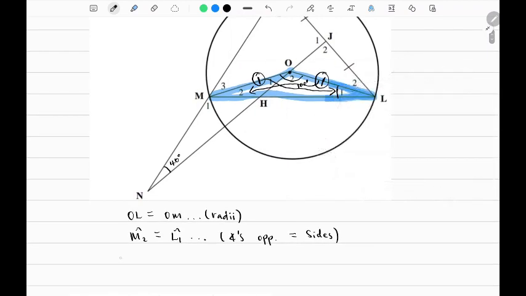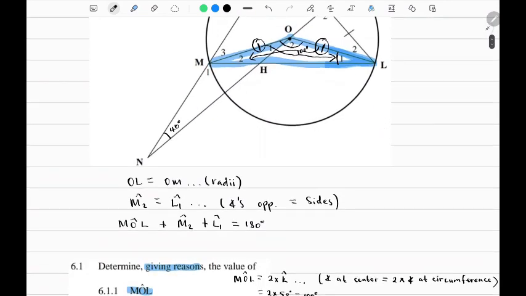We can say angle MOL plus angle M2 plus angle L1 is equal to 180 degrees.